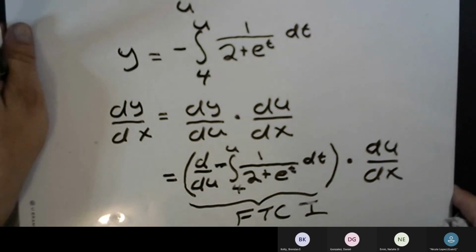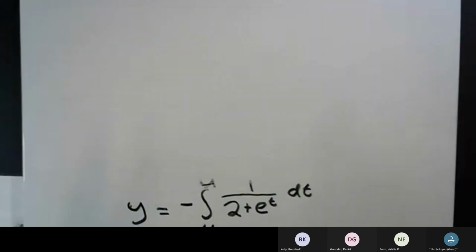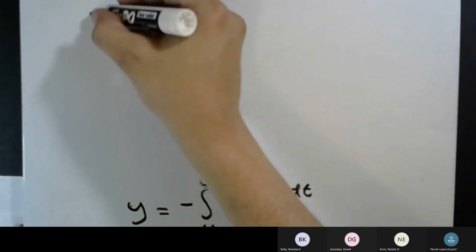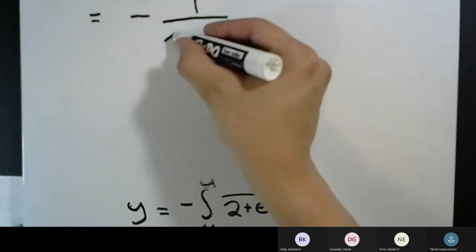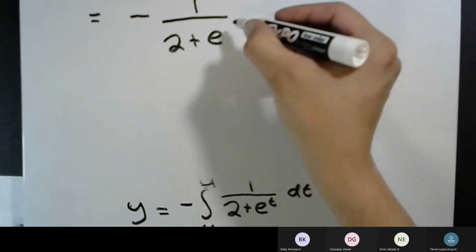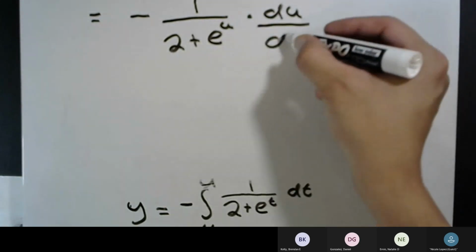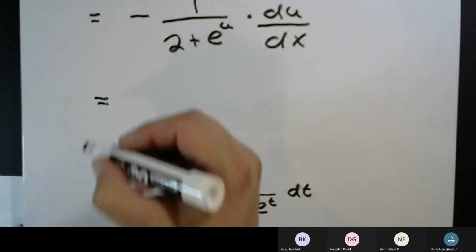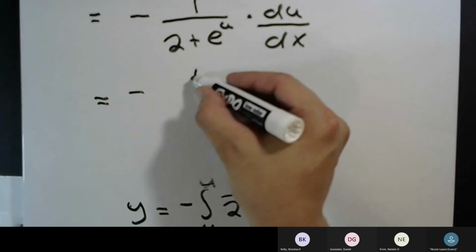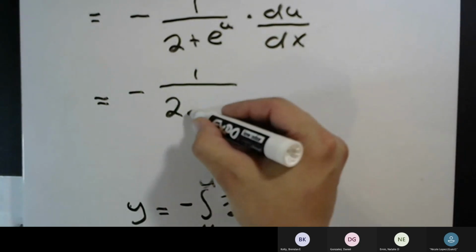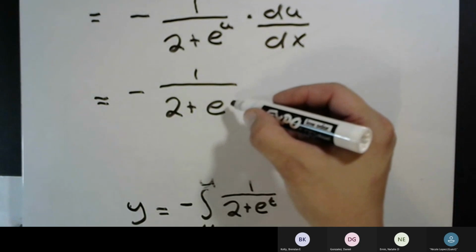All right. So what that's going to give us is negative 1 over 2 plus e to the u times du dx. And so du dx is going to be... Now u, we can replace u, put it back in there.